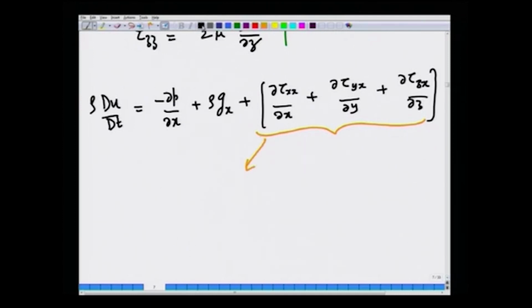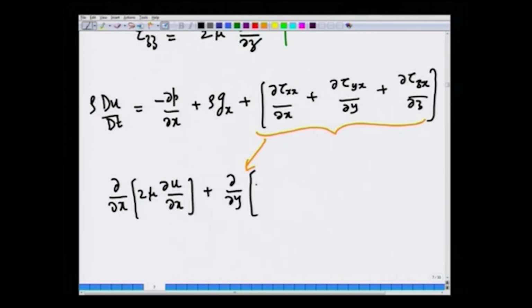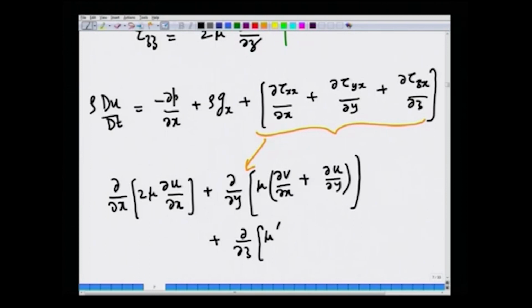Tau x x is 2 mu partial u by partial x, plus tau y x is mu, plus tau z x is mu, plus partial u by partial z.